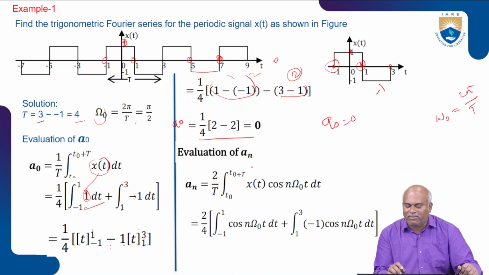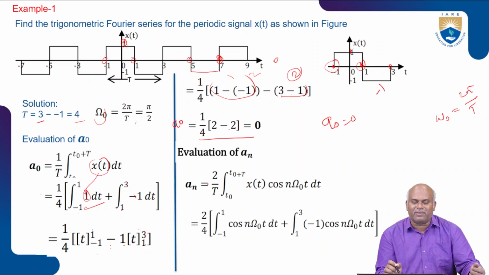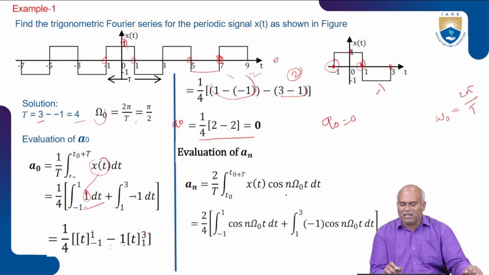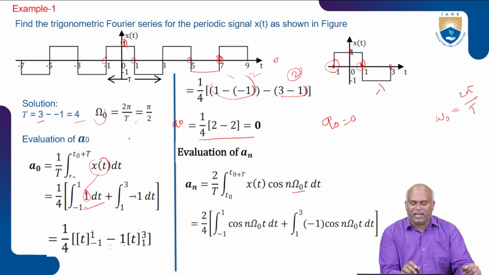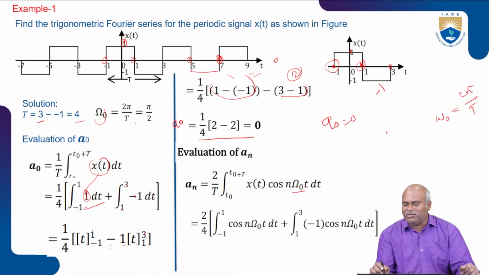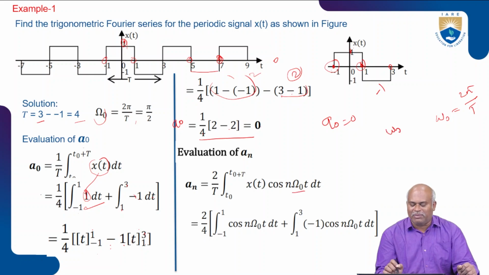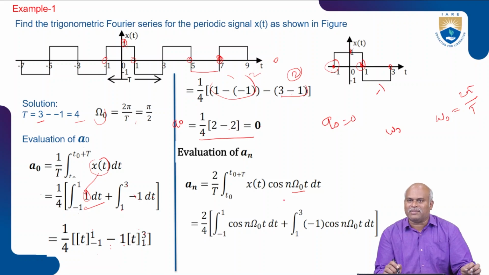Next, evaluate for the A of n. The A of n formula you know, 2 by T integration of t0 to t0 plus T, x of t cos n omega 0 t dt. In the derivation we use omega 0, but here I am using omega 0 t, because we know whether this analog condition I took.